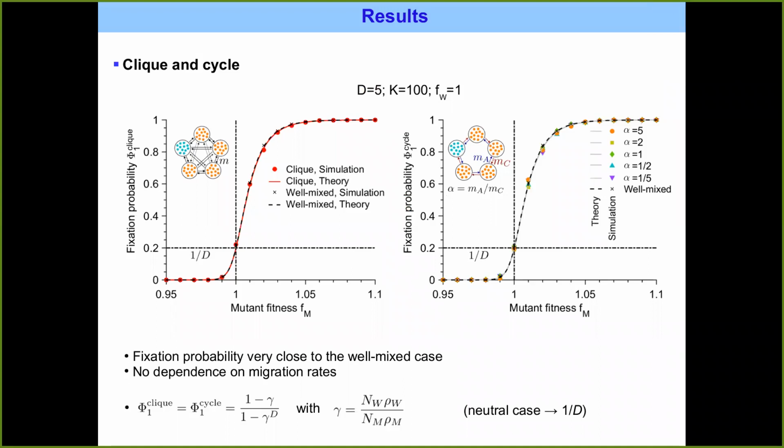And my question would be, can you name some examples of real biological systems that correspond to the clique, the cycle, or the star? Yeah, that's a great question too. These models are quite abstract. They are nice because they are highly symmetric, which means that we can make calculations on them rather easily.